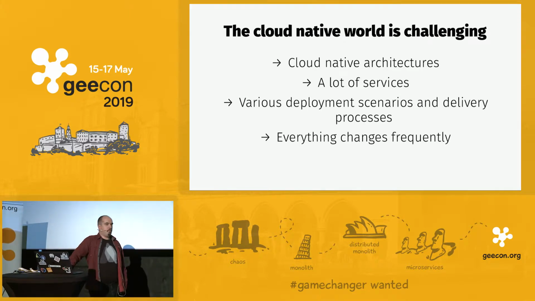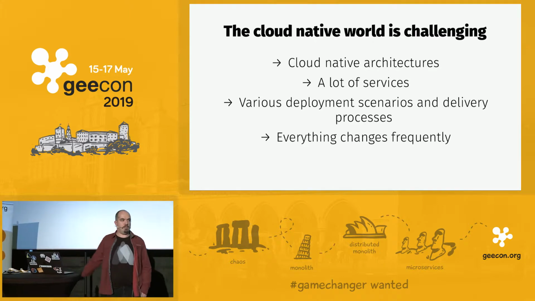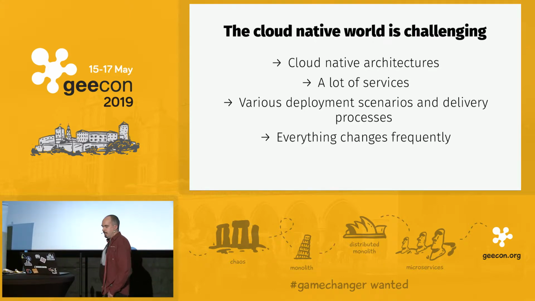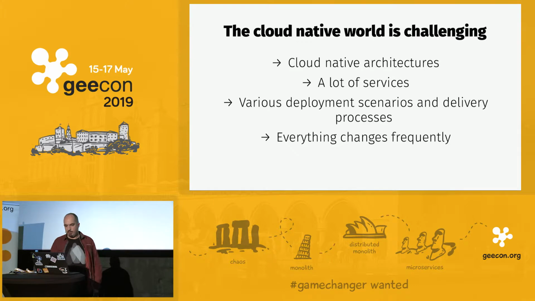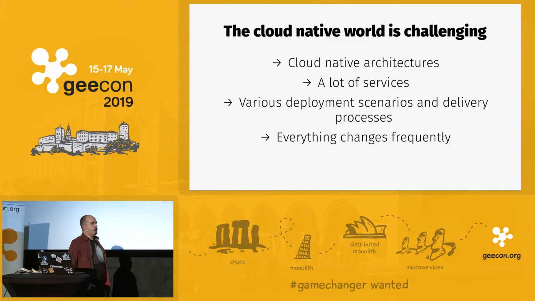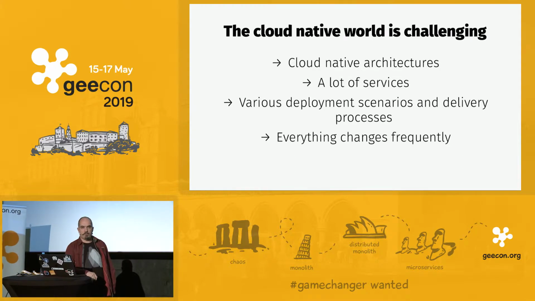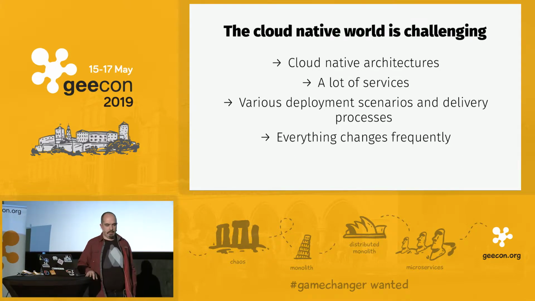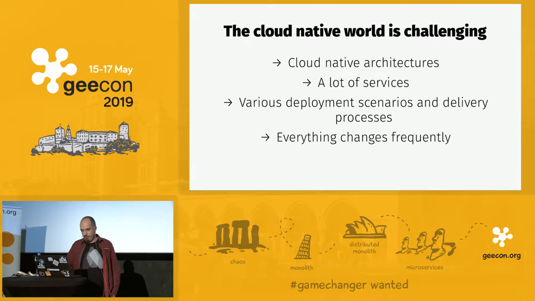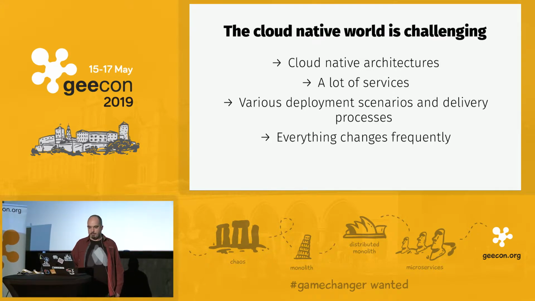So everybody probably is using some sort of cloud native solution nowadays. So what is that actually? You have got the cloud native architectures, a lot of services, microservices, functions as a service.